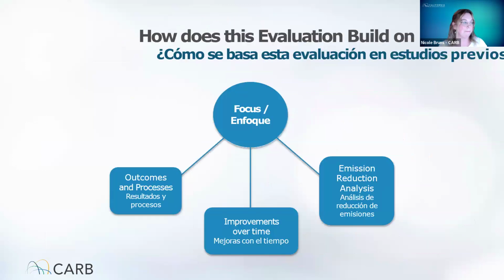Next slide. So how does this evaluation build on prior studies? We will be summarizing past evaluated efforts in this contract, especially looking at the UC Davis evaluation and how we can build upon that without duplicating efforts, as well as utilizing best practices from that evaluation and other evaluations such as the Transformative Climate Communities Program and other similar environmental justice place-based efforts.